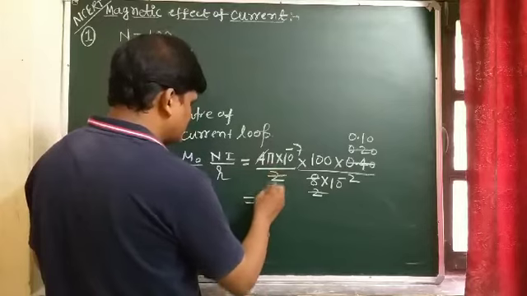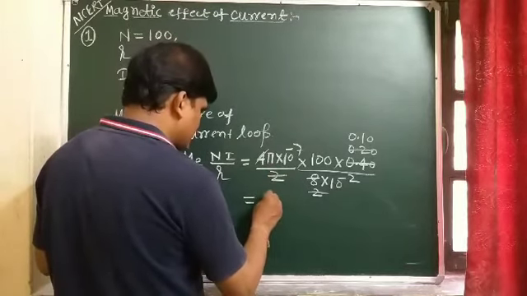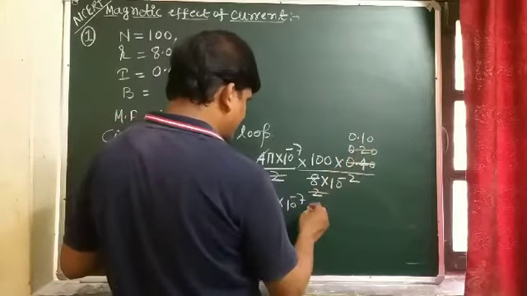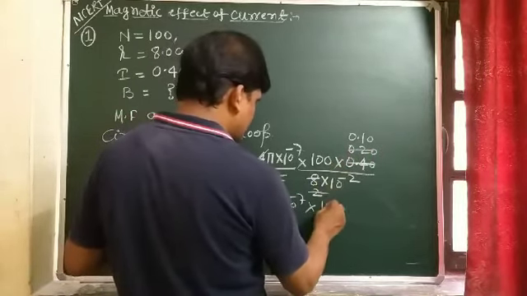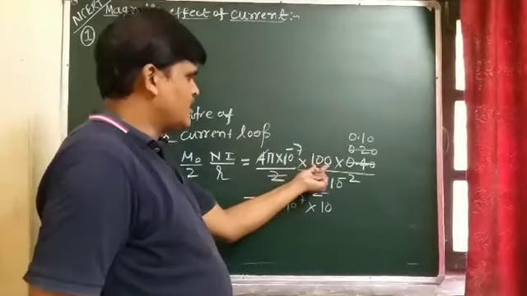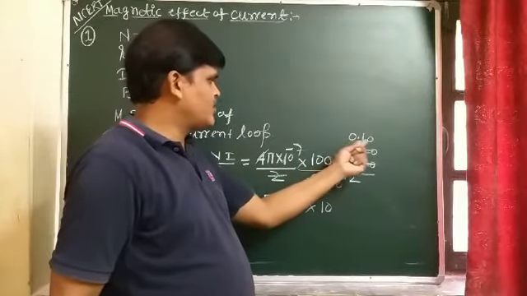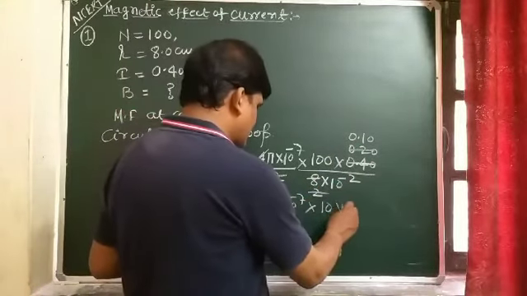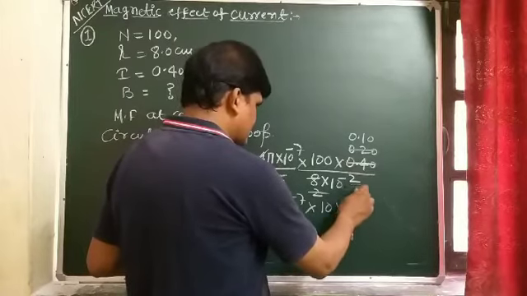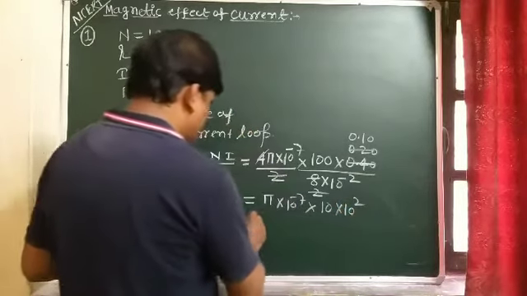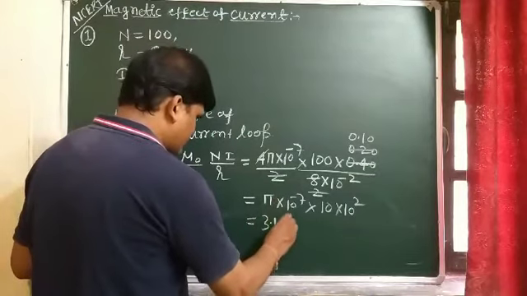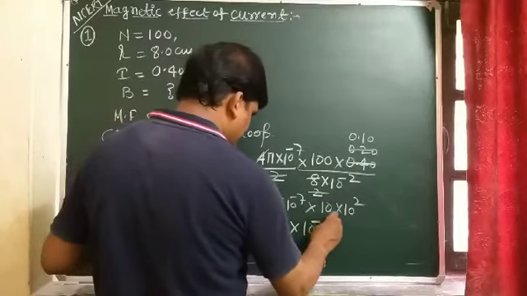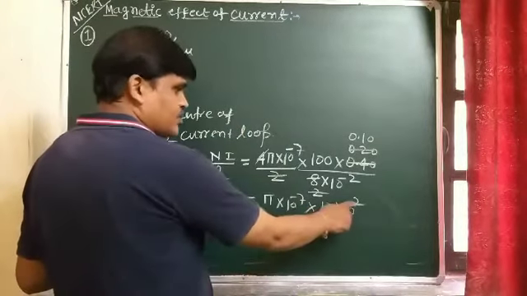It is written as pi into 10 to the power minus 7, and 100 multiplied by 0.10 comes out to be 10, which comes in the numerator. Pi is 3.14, and the powers combine to give 10 to the power minus 4.